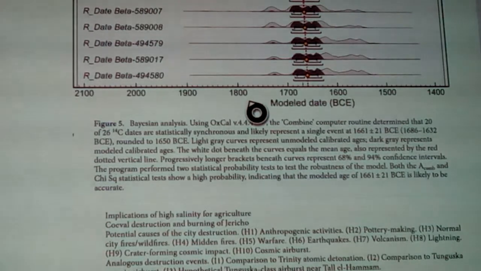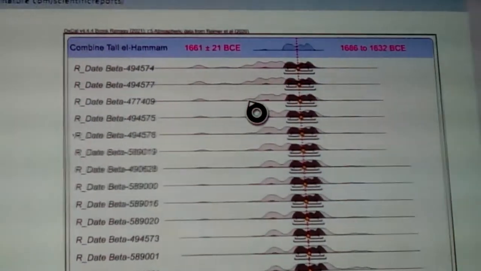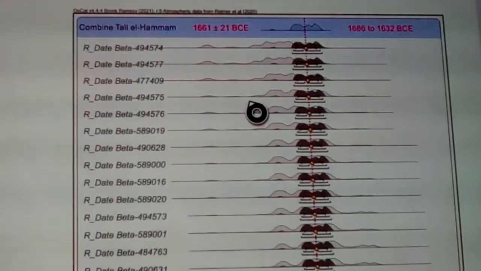Analogous destruction events: comparison to the Trinity atomic detonation, comparison to the Tunguska cosmic airburst, hypothetical Tunguska-class airburst near Tall el-Hammam. Conclusions. So, hand of God.